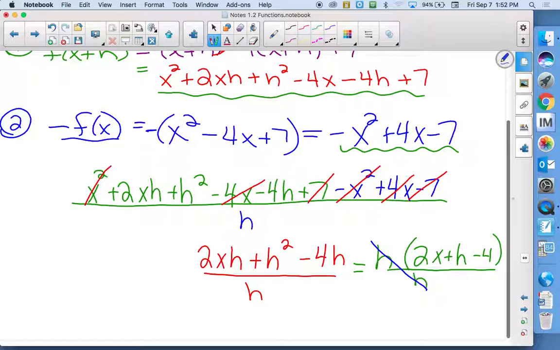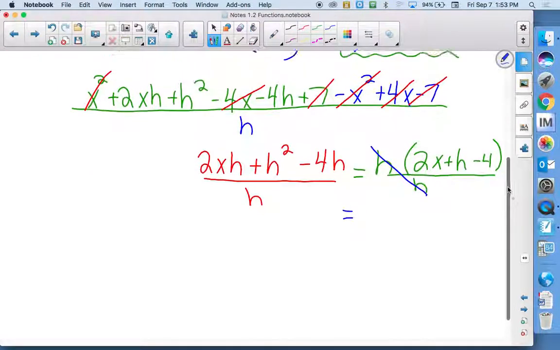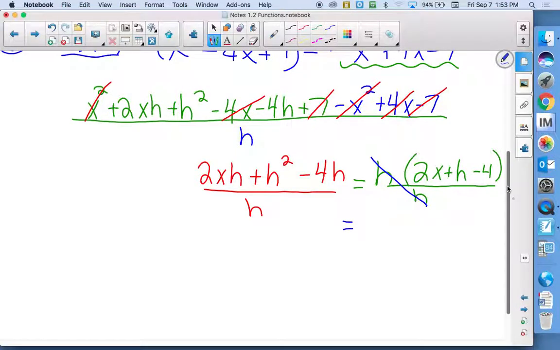Every single one of these, the denominator will cancel if you've done it correctly. That's a little note to yourself: if you've simplified correctly, the denominator should be pulled out and you can cancel that quantity out. So our answer, and this looks weird, and it doesn't really mean anything right now except that it's an algebraic expression, is 2x plus h minus 4. Questions?